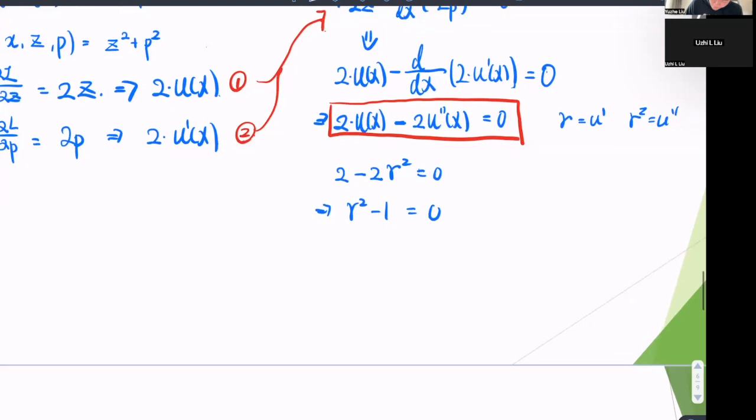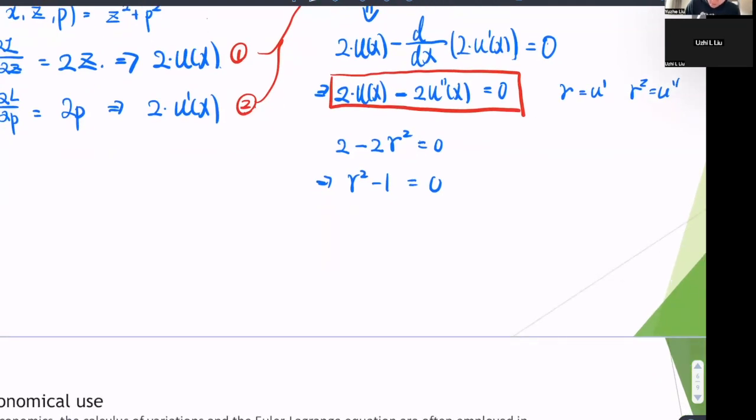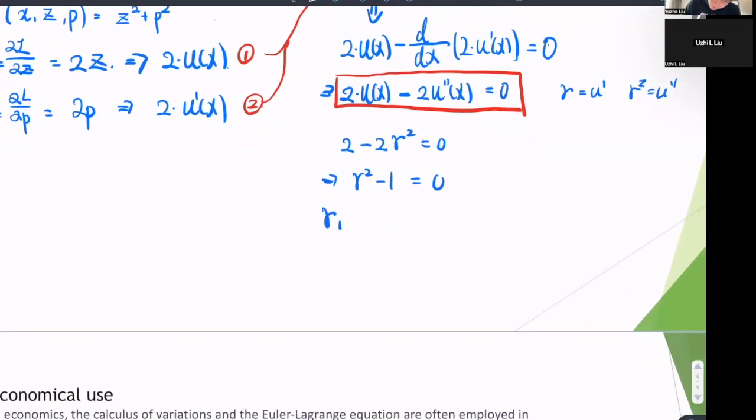So now we have the roots 1 and -1, and these are not equal, which means we have distinct roots. Therefore, u of x is c1 e^x plus c2 e^(-x).